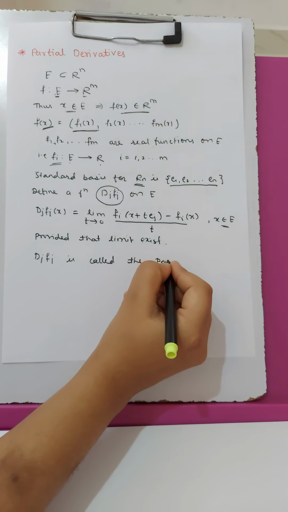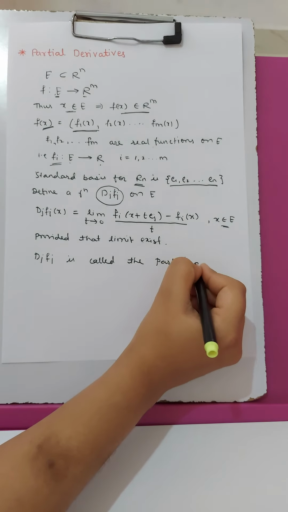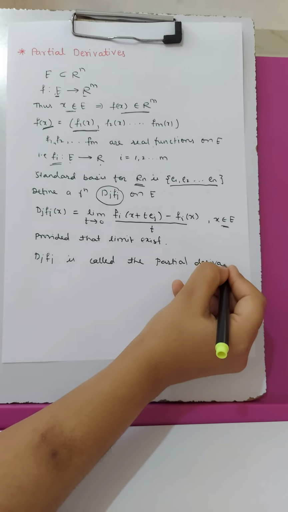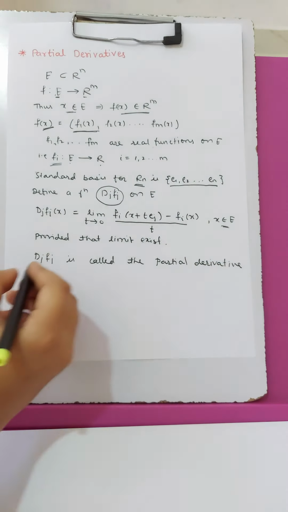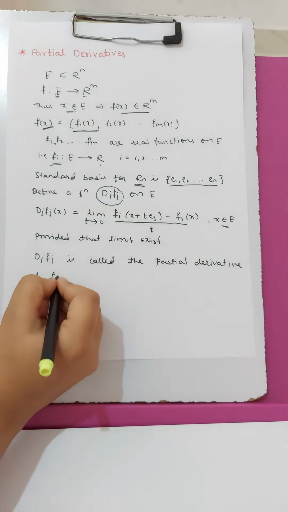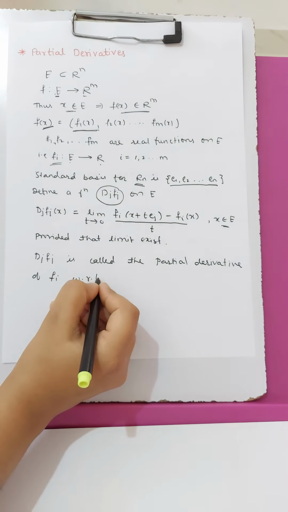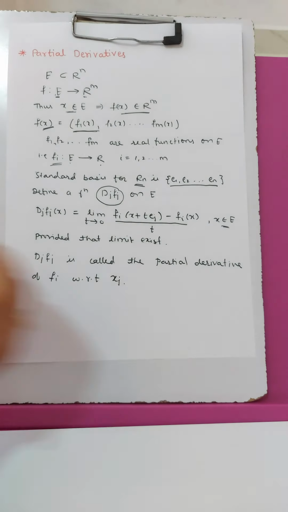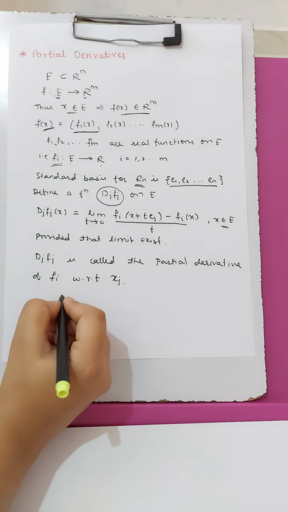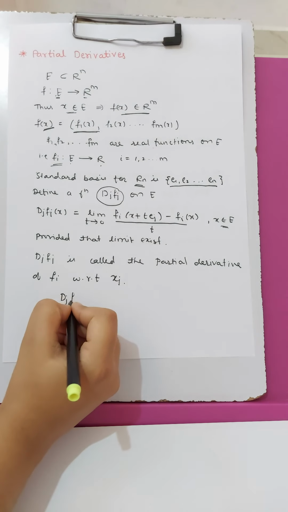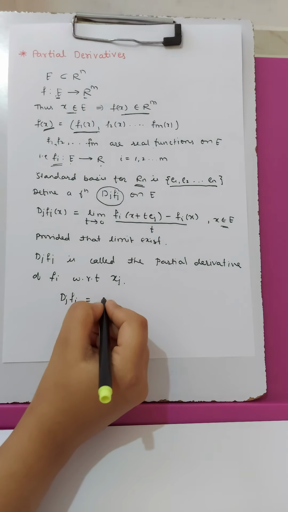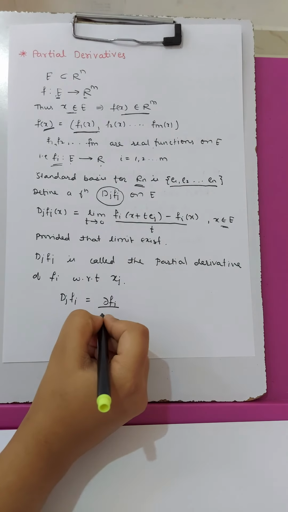the partial derivative of fi with respect to xj, and we can also write it as Dj fi is equal to del of fi upon del of xj.